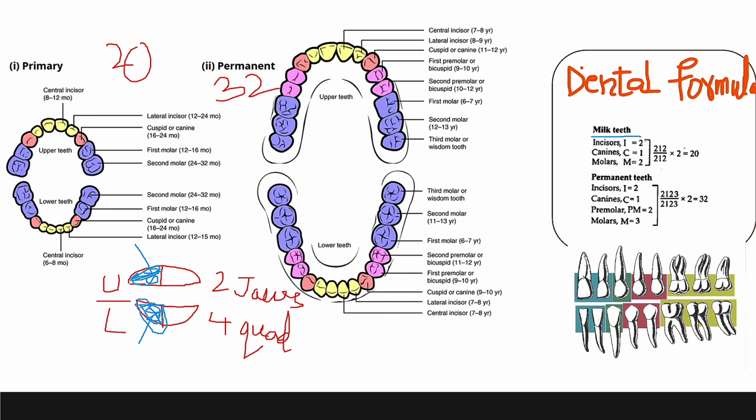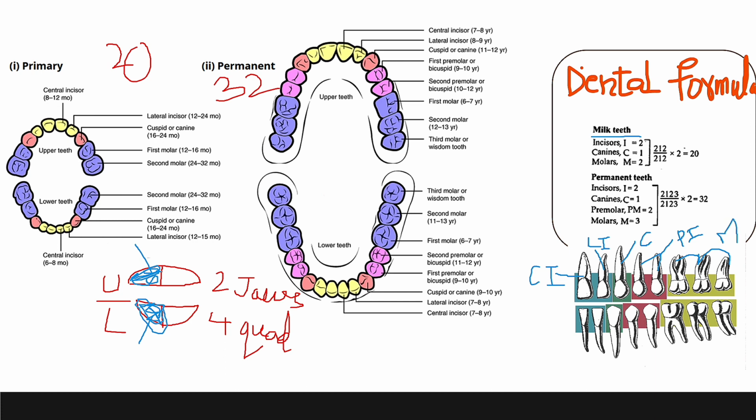This is the central incisor, CI, and this is the lateral incisor, LI, and then we have the canine. Then we have the premolars, first and second premolar, and we have three molars, first, second and third molar.